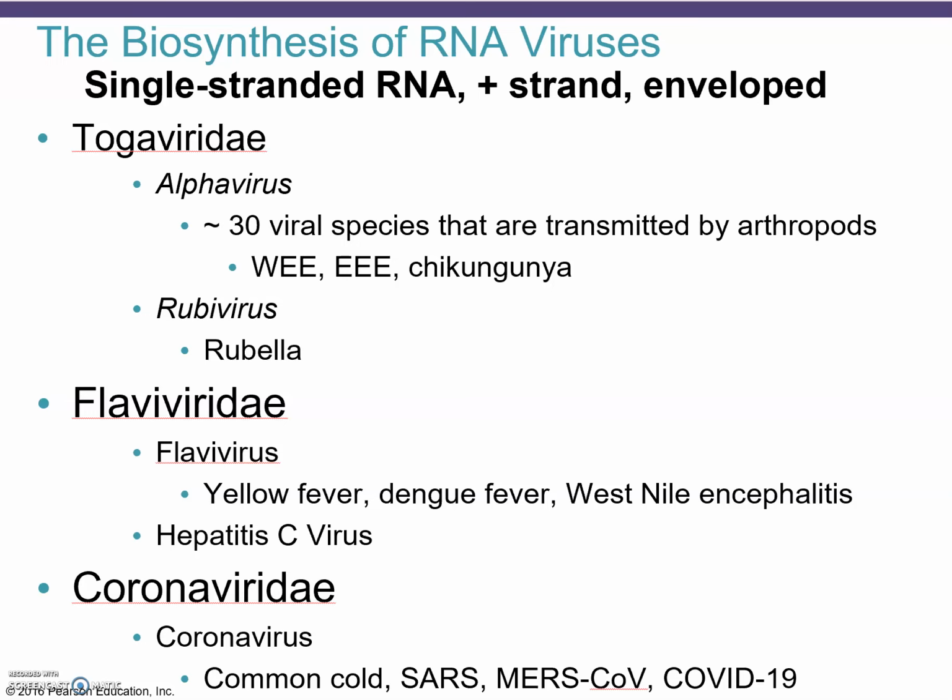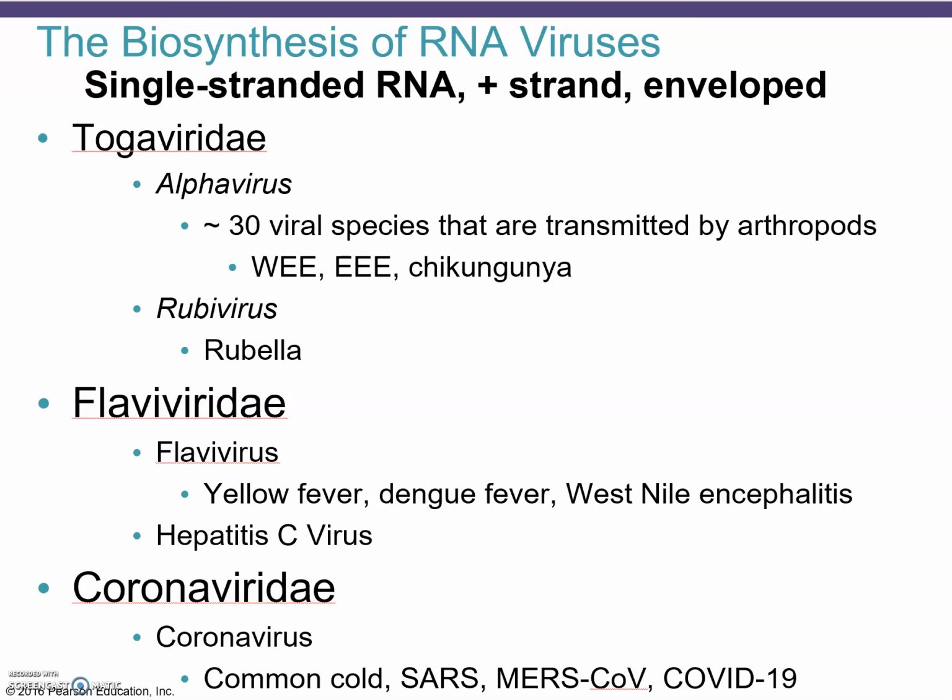Very important also in this category are the Togaviruses, where we're headed for the same group of viruses as the coronaviruses. Now here in the Togaviridae, we have the alphavirus as an example.